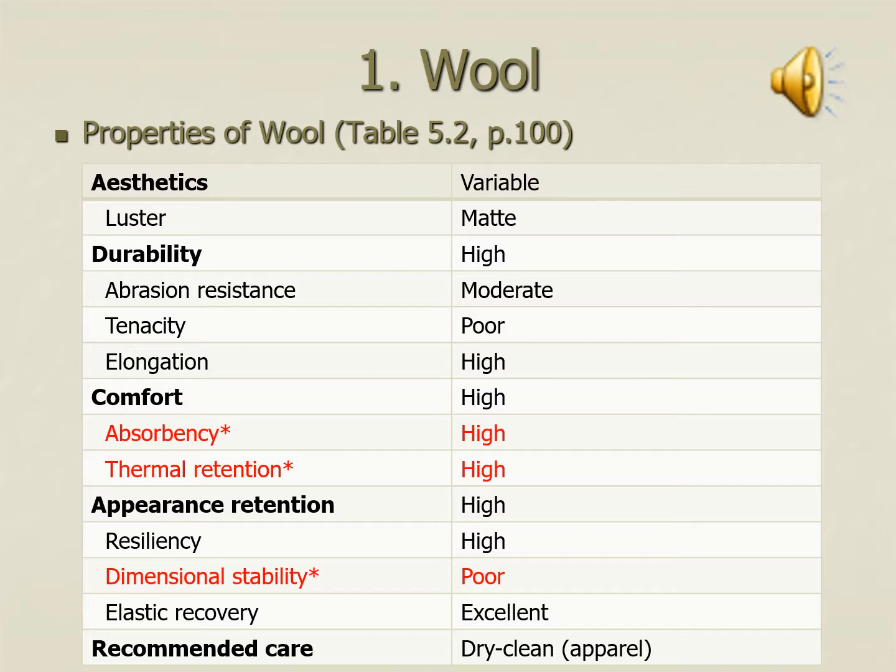So along these lines, the recommended care is to dry clean, at least when it comes to apparel, because if you stick anything wool in the washer, it's most likely going to shrink, and it's not going to come out looking how it did before it went in. So these are the primary properties of wool to note.